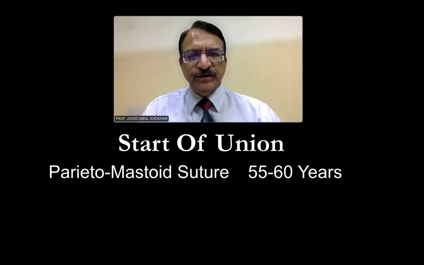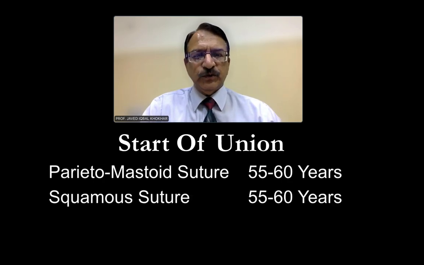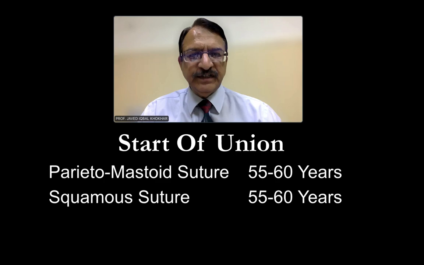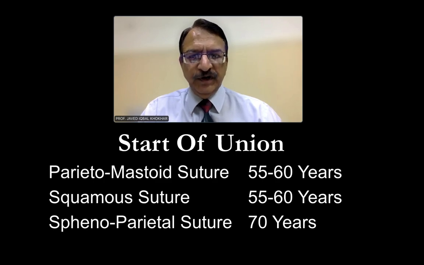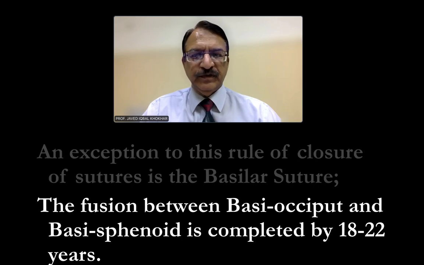The parietomastoid suture 55 to 60 years, squamous suture 55 to 60 years, sphenoparietal suture is much later, that is 70 years. An exception to this rule is the closure of the basilar suture. The fusion between the basio-occiput and the basisphenoid is completed by 18 to 24 years.